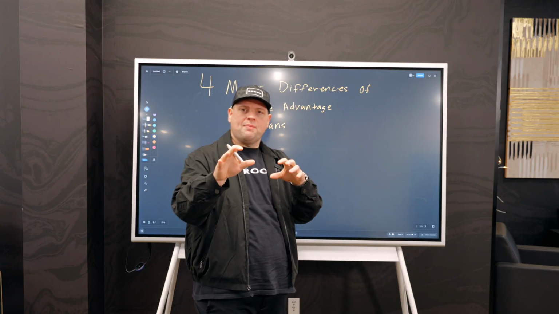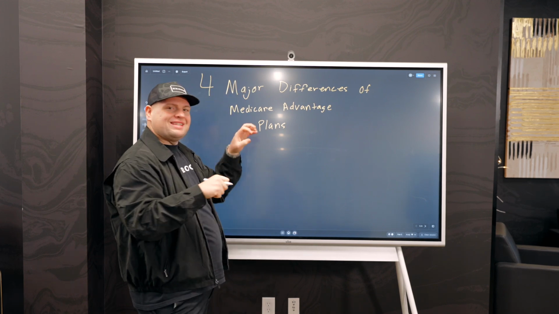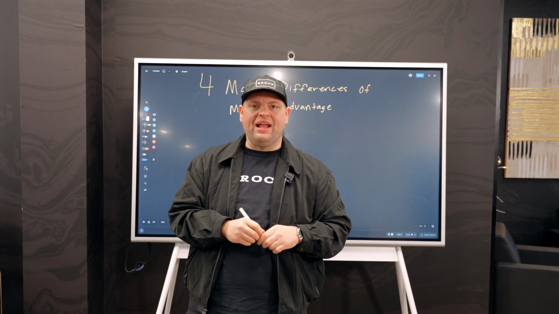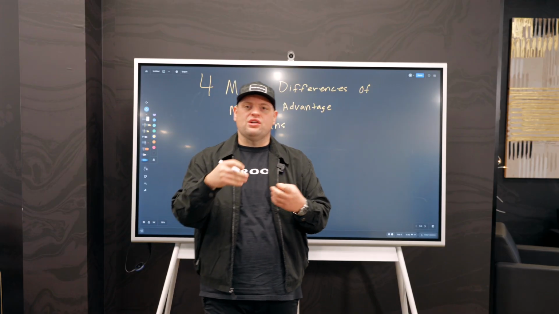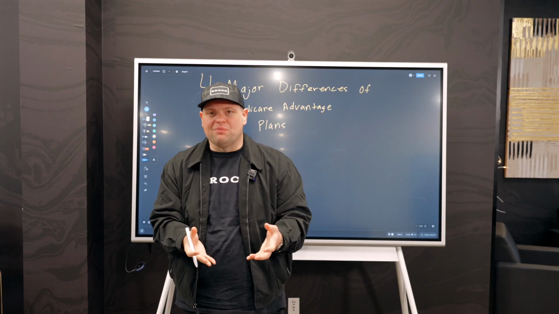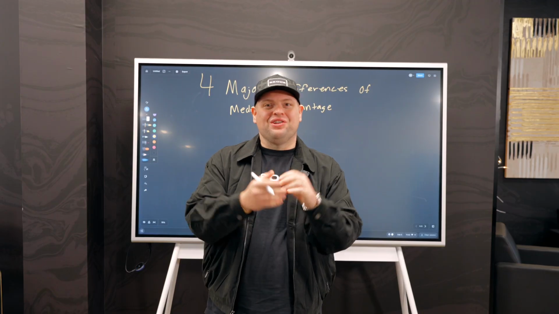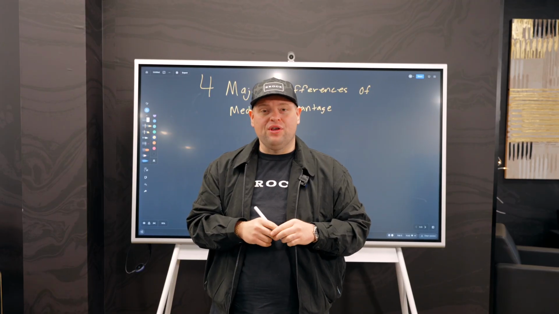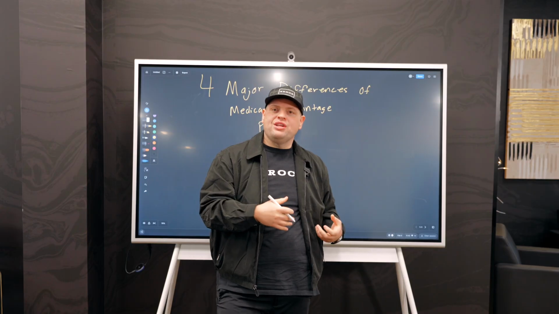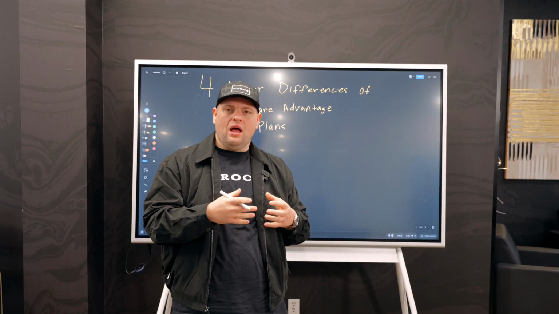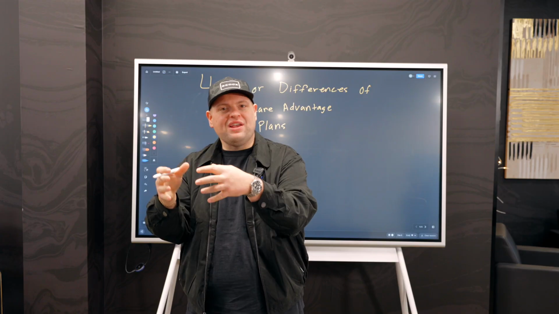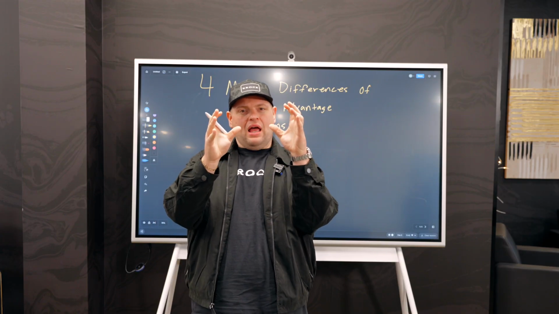So what we're going to talk about in this video is the four things that I need to consider if I'm going to enroll into a Medicare Advantage plan. Now, I don't have a crystal ball today to just look at this and say, hey, this is the right plan for you. What I ultimately suggest is watch this video, but then keep in mind you need to talk to somebody about your specific situation so that they can put your information in and find out the right fit for you.